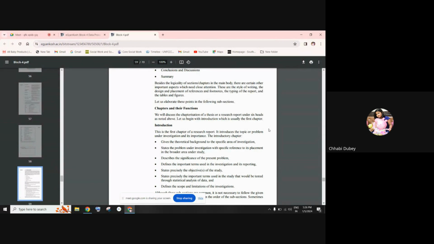Now, this introduces the topic or the problem under investigation, and why this particular problem is important. This particular chapter will give us a theoretical background to the specific area of investigation.